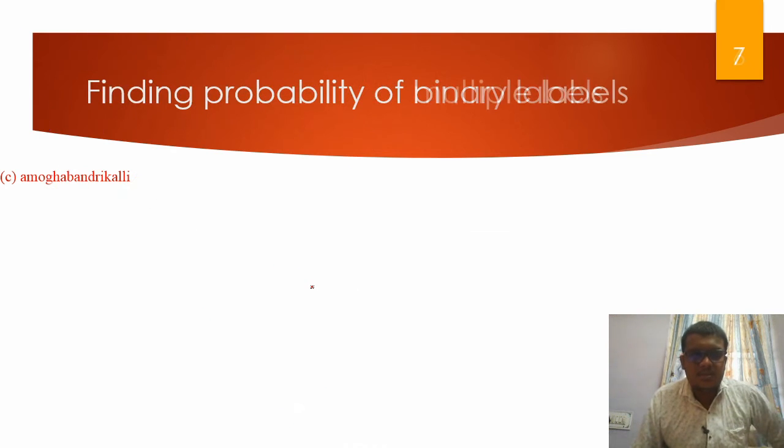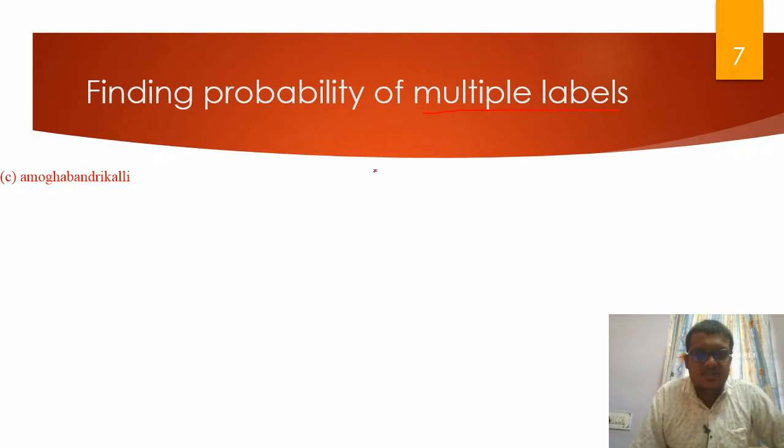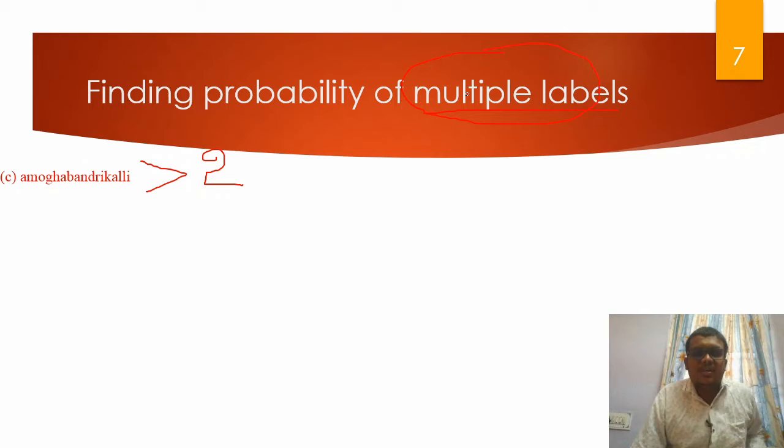So this is binary, and I am talking about when we have multiple classes. If the decision has more than 2 outcomes, then we call it multiple labels. The Gaussian assumption is a simple assumption that specifies the distribution for each label.